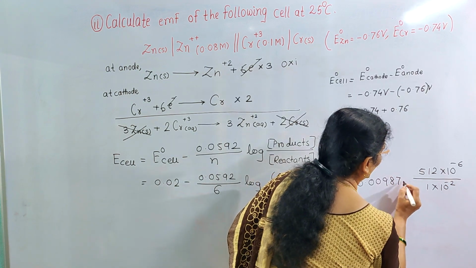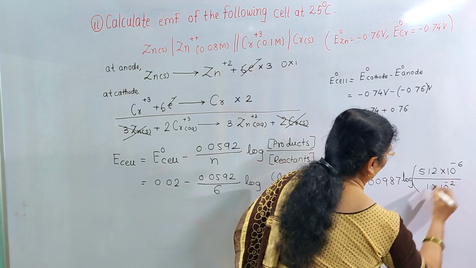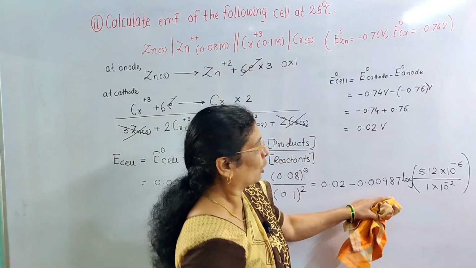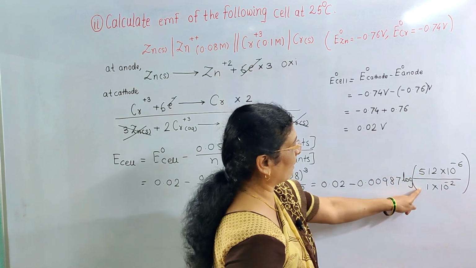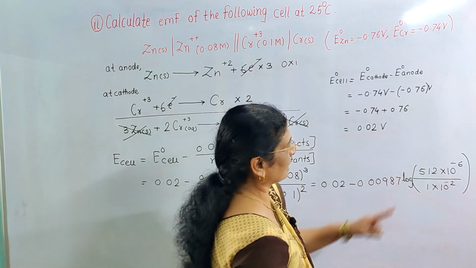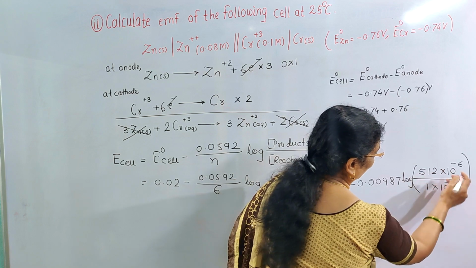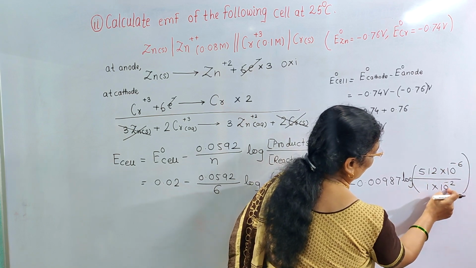We have to take the log of this value. Remember, log of 512 into 10 raised to minus 6 divided by 1 into 10 raised to minus 2, that is 512 into 10 raised to minus 6 and 10 raised to minus 2.